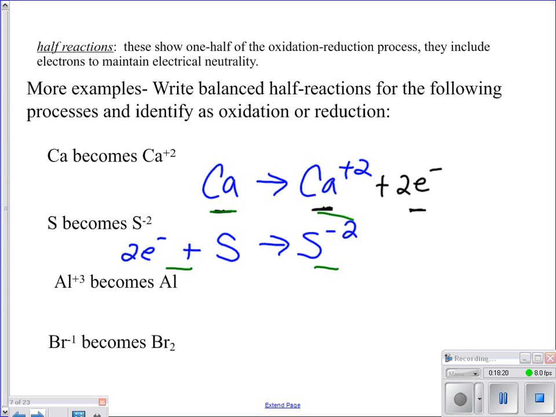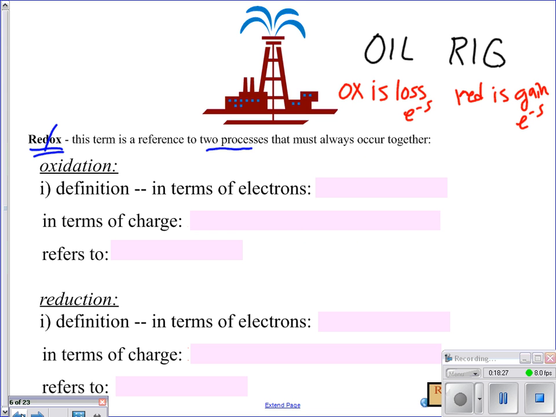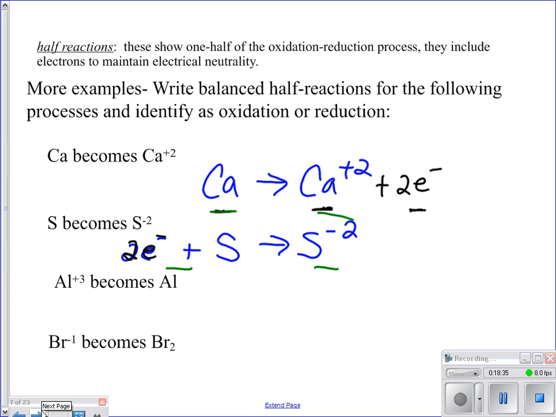Okay, so now that we've got that done, the great thing about seeing these half reactions is that we can think back about the loss and the gain of electrons. If we look at calcium and calcium plus 2, what's going on here? Are we gaining or are we losing electrons? Losing. We see them on the right-hand side. That is a loss of electrons, also known as oxidation.